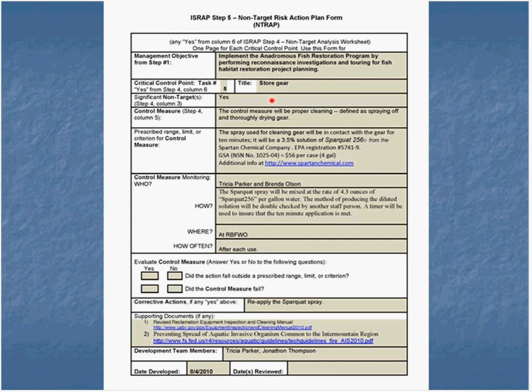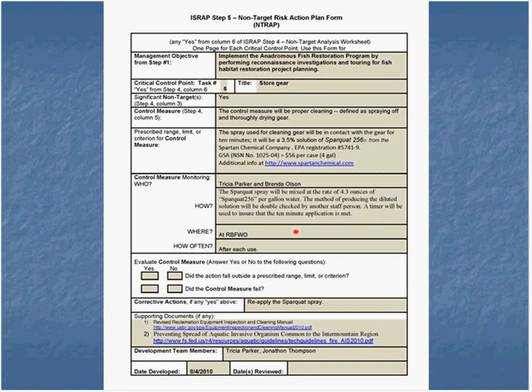You see step 2 there also, and the proper cleaning. And she did for her range that she's found, she's going to use a 3.5% solution of Sparquat 2.6. So Trish and Brent are going to be doing the monitoring to make sure that they hit that 2.56, and that's basically what that says.